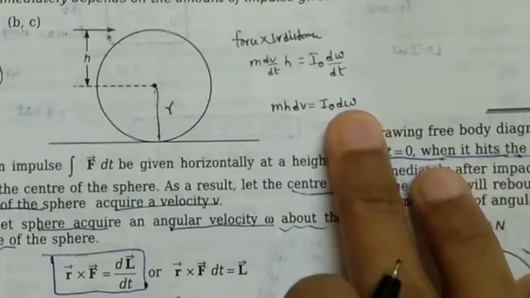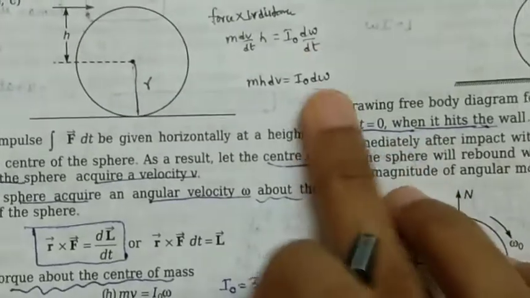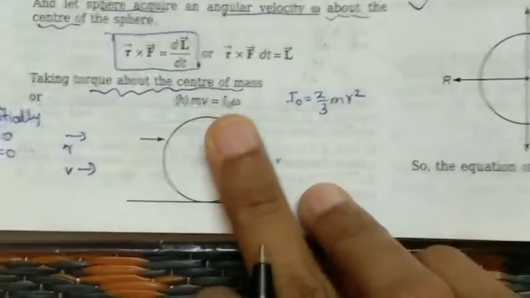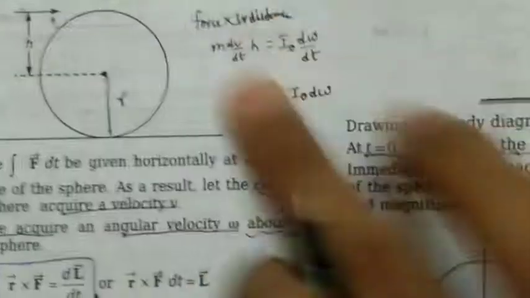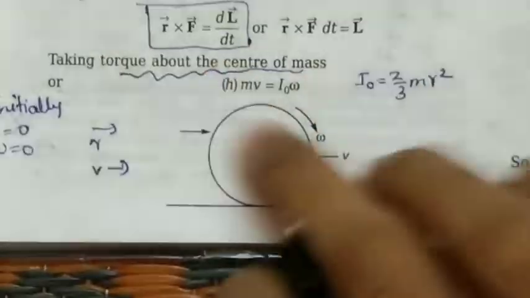And initially the sphere was not rolling, so its angular velocity is also 0. So integration of d omega is nothing but omega minus 0, so we would have I naught omega. From this formula and this simplification, we would have this term. This is the formula we obtain.